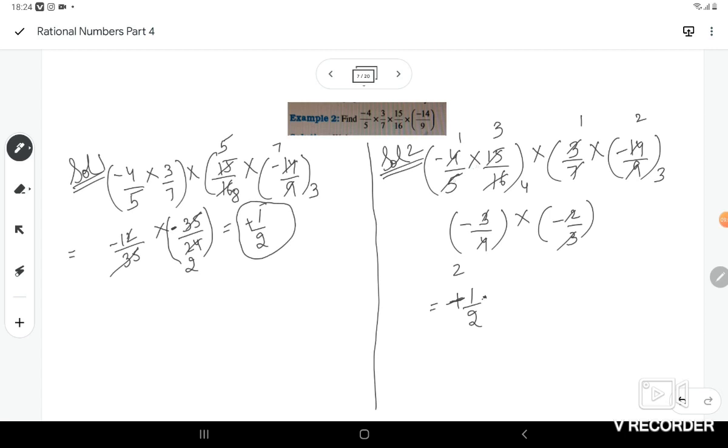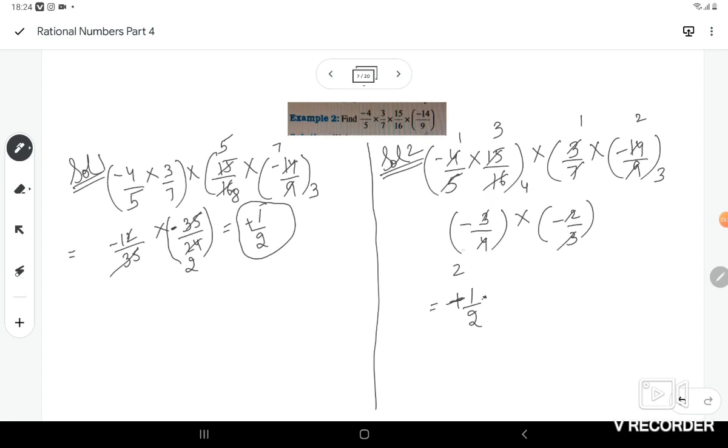Now we can clearly see here that the numbers -4/5 and 15/16 are multiples of 4 and 5, so we can cancel them and reduce them into smaller numbers. Similarly for 3/7 and -14/9, the numerator and denominator, we are able to reduce them and cancel.